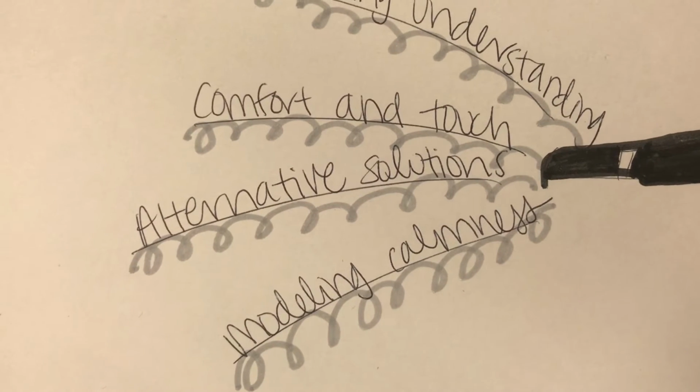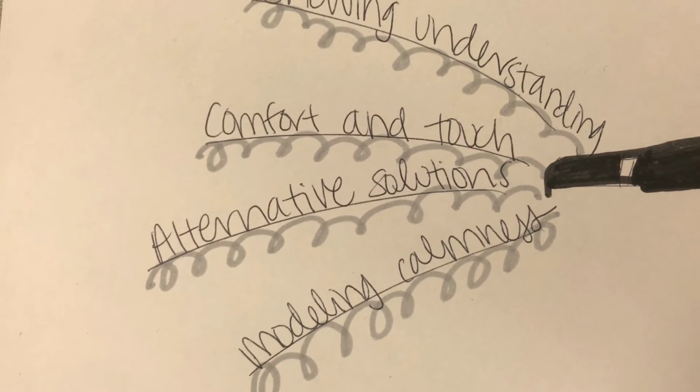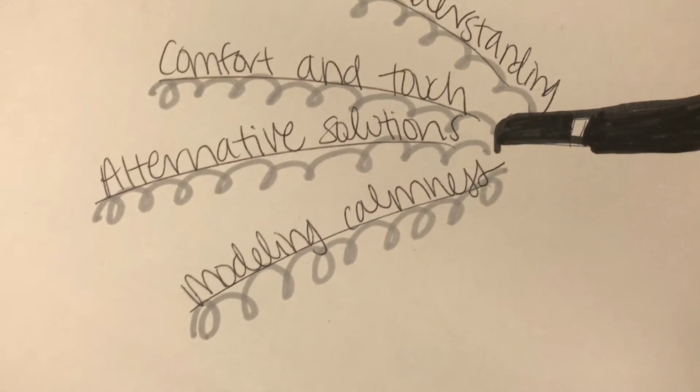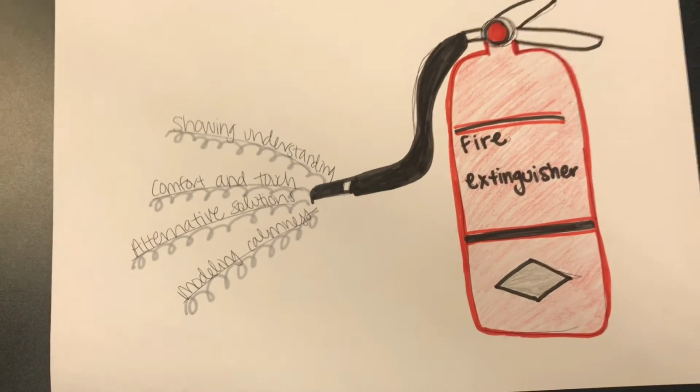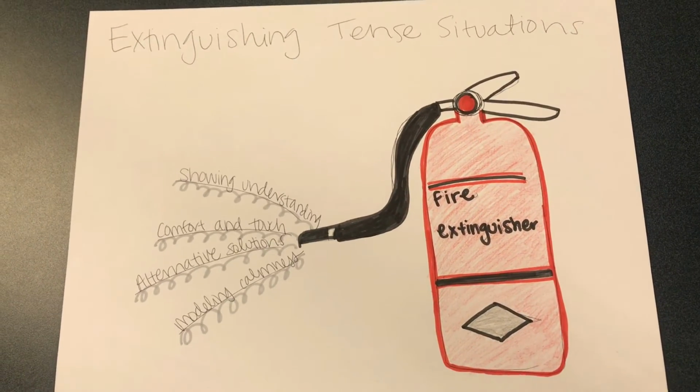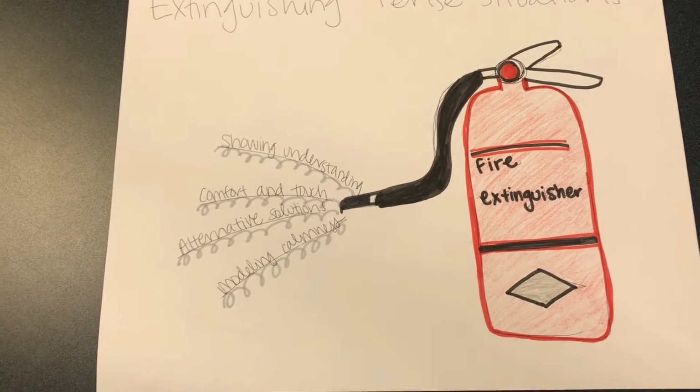Offer the child alternative solutions to their problem, and also model calm and collected behavior. Through using this variety of strategies, you are able to more quickly extinguish these situations and help the child in developmentally appropriate ways.